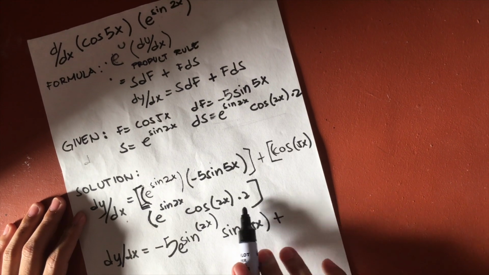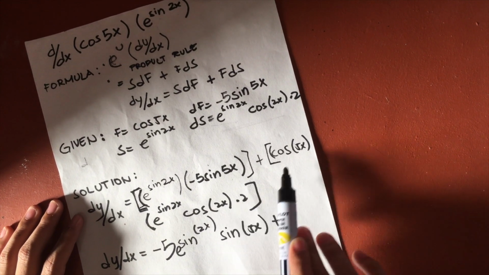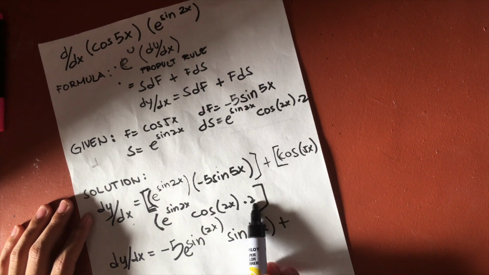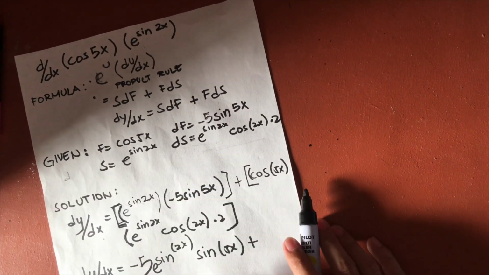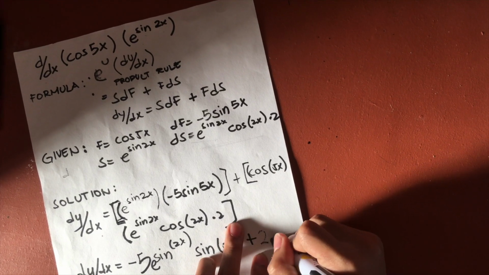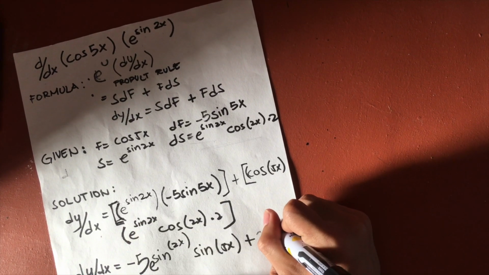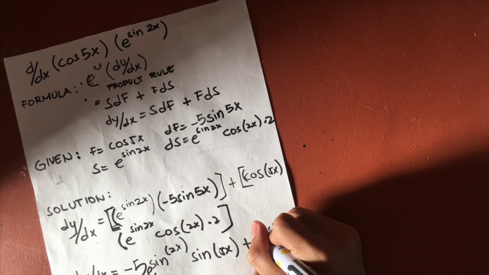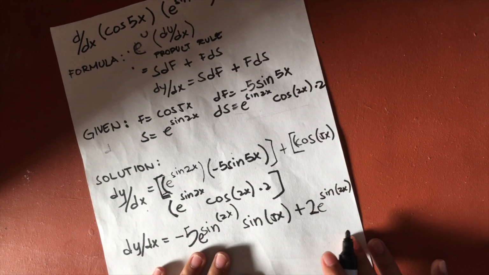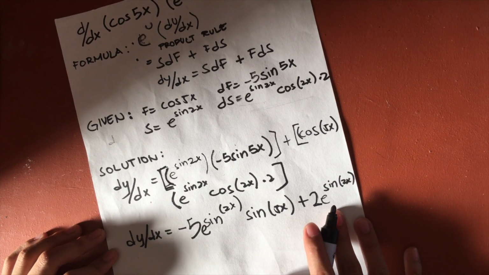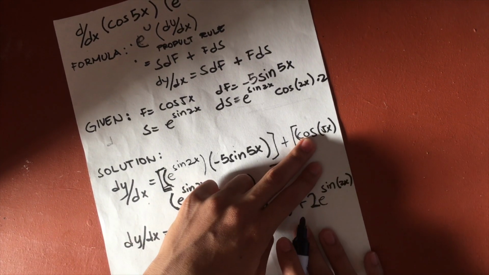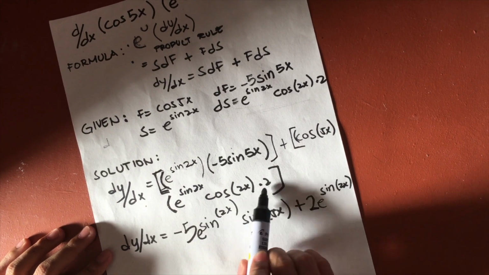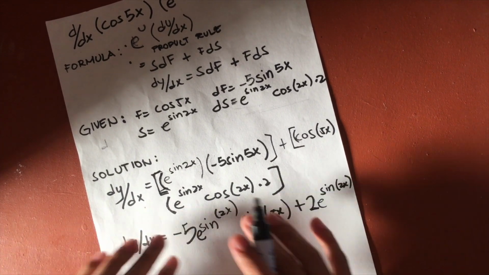Plus 2e times this: 2 times e, copy this exponent, e^(sin 2x), times cos 2x.